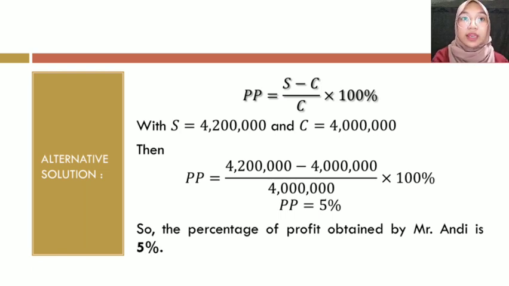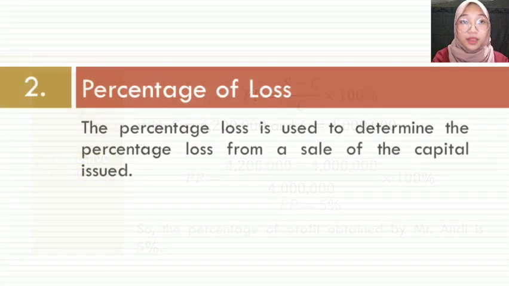Then PP equals (4,200,000 minus 4 million) per 4 million multiplied by 100%. We have PP equals 5%. So the percentage of profit obtained by Mr. Andi is 5%.